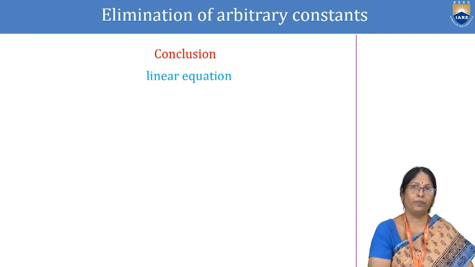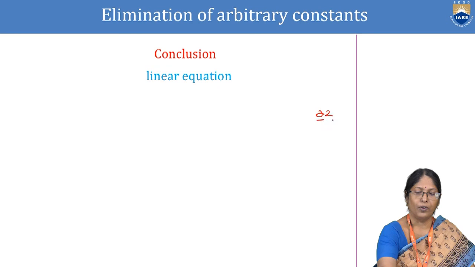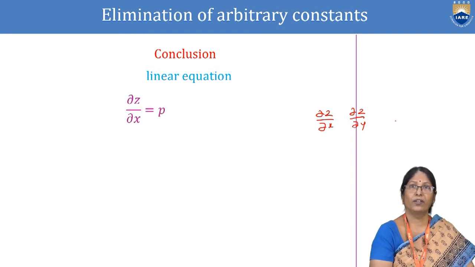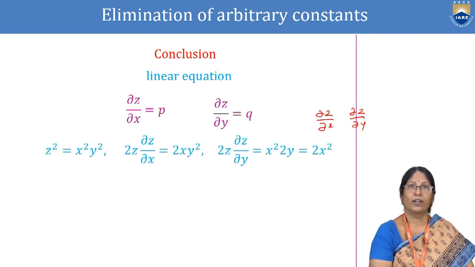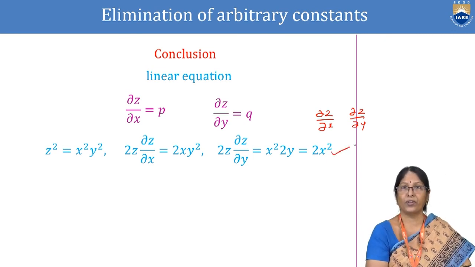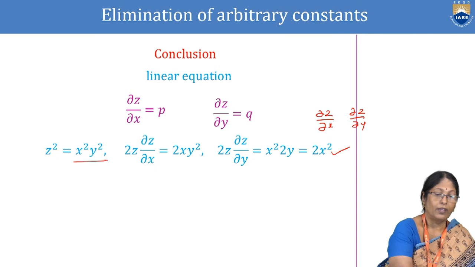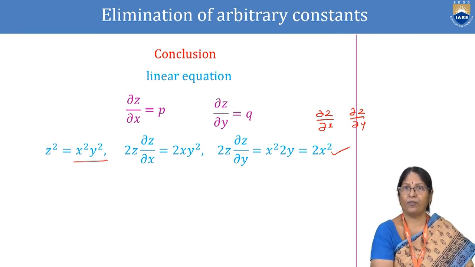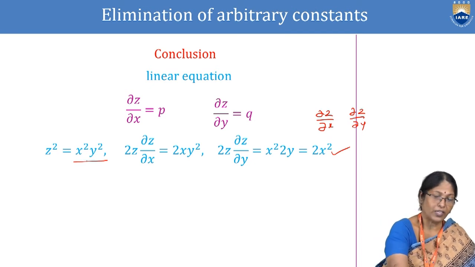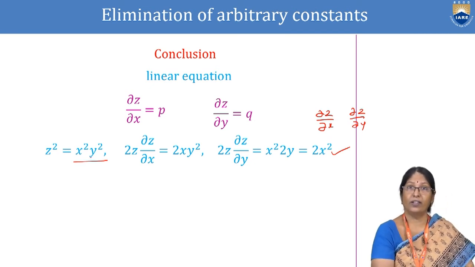Linear equations, that is dou z by dou x, dou z by dou y. These are the linear equations we have taken, the notations, and the basics of how to do the differentiation. Simple basic problems we have taken, x square, y square. Here x, y, z, 3 variables are there.